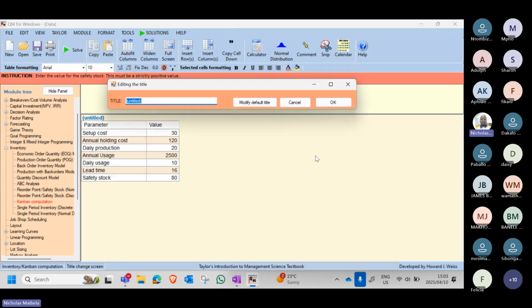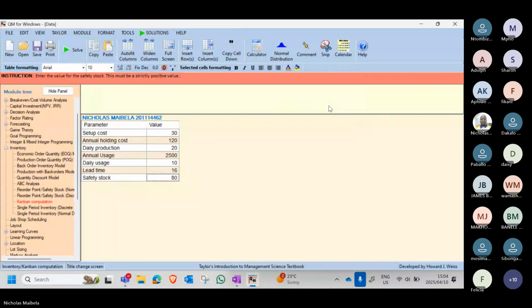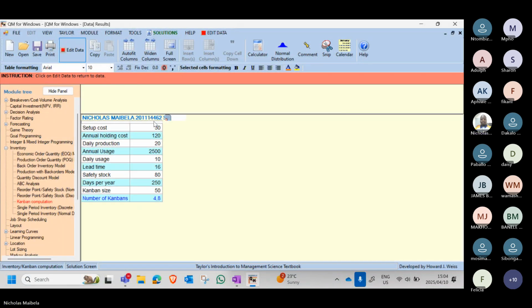Okay, when I've double clicked on the title, it allowed me. Then what do we do with the solution?